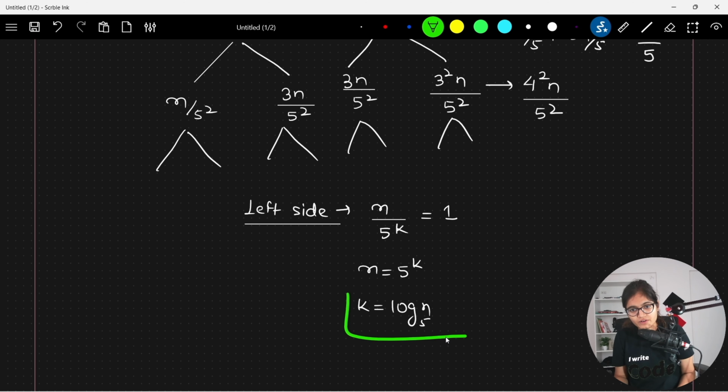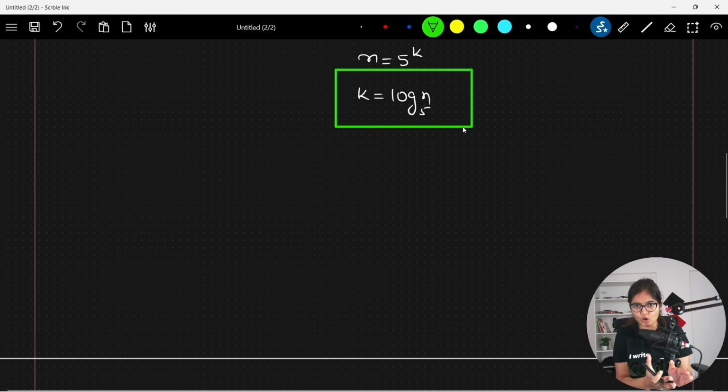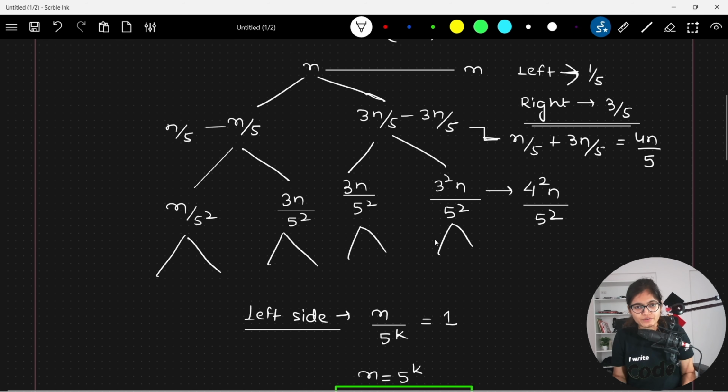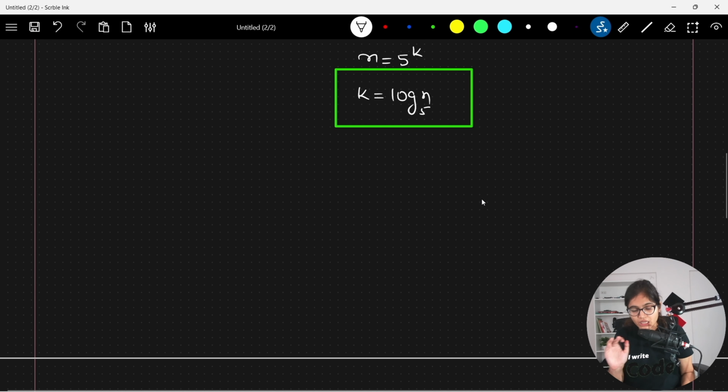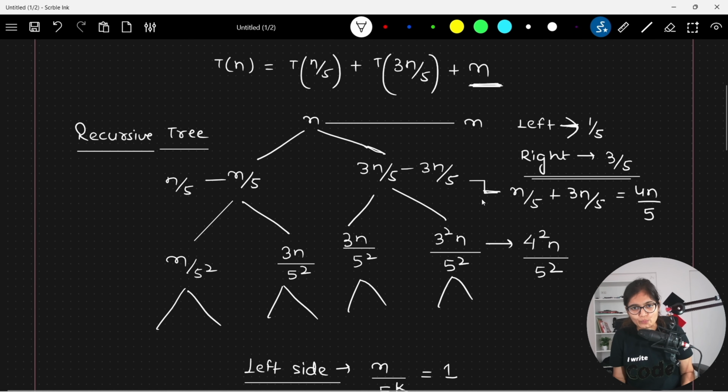This is the first k value which we are getting for the left part of our recursive tree. So this is a kind of a recursive tree that we are forming here.